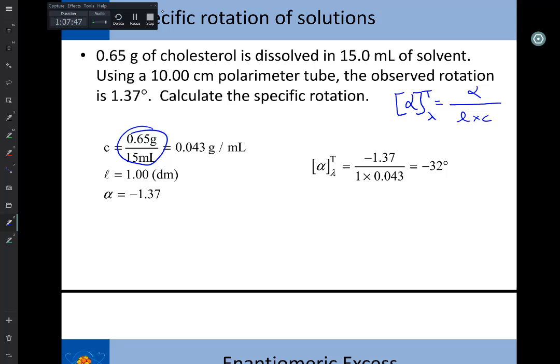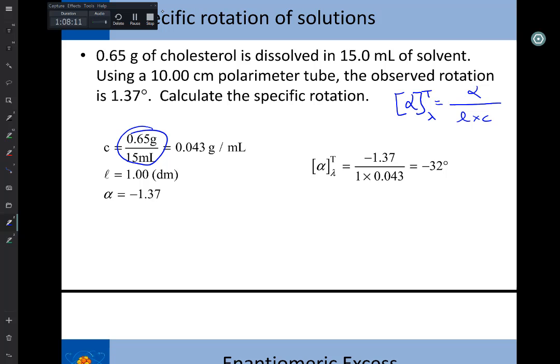So the thing I didn't say, a couple of things about this. I have a question. Yeah. Can you explain again how you got the negative? Oh, because when you're looking at it in the polarimeter and you want to make it dark again, you turn it to the left. So are you basically just going to always do the opposite? Right-handed is positive, turning it right is positive, turning it left is negative.